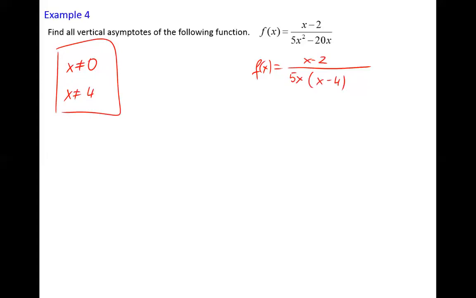That means probably the vertical asymptotes are 0 and 4. I can still compute a limit and prove that we have unbounded y values. However, I can't cancel out. These are the vertical asymptotes. If we would like to get the answer right away, vertical asymptote at 0, vertical asymptote at 4.